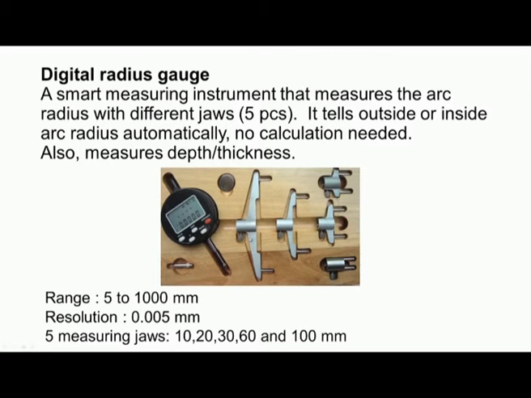So, this fixture we have to insert onto the spindle, and we should keep this digital radius gauge. Say this is the surface of the workpiece.